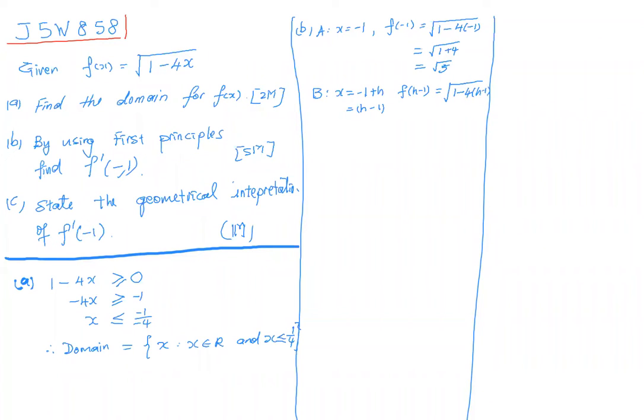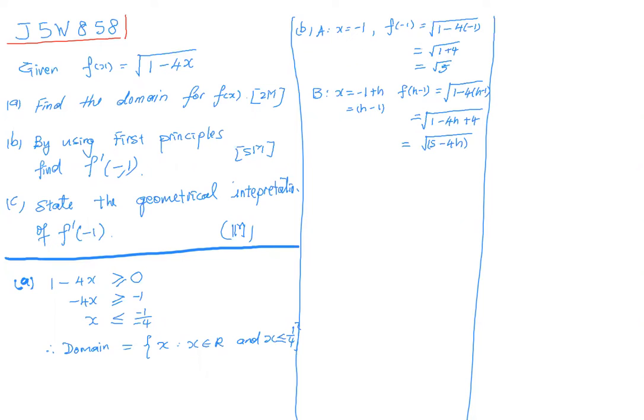So expand carefully. Minus times minus becomes plus. So you get square root of (5 minus 4h). And always remember, whatever is in the square root, you have to bracket it up. That's it, to prevent any further error.